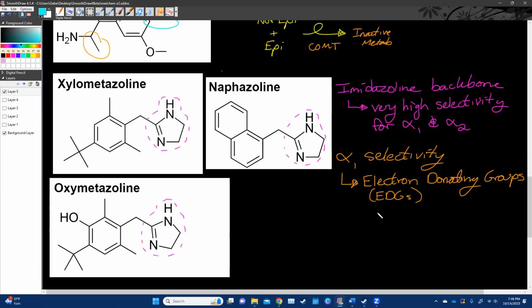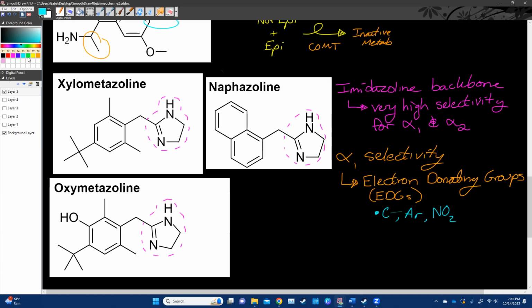So these are things like carbons, aryl groups, nitro groups, NO2. So if your benzene ring, your phenyl group, is connected to purely carbons or another benzene ring or a nitro group, then you would be considered electron donating.